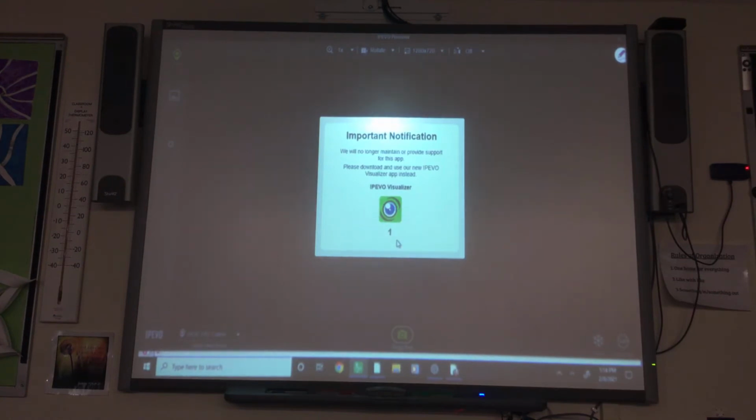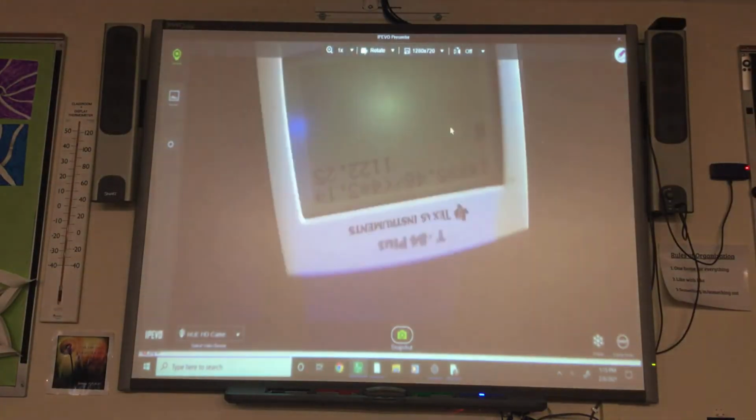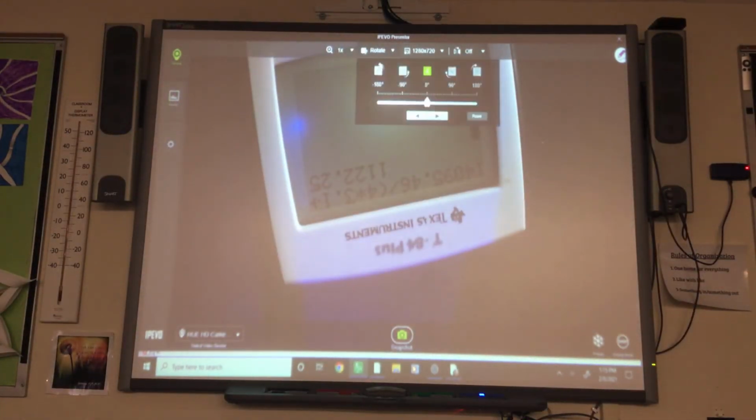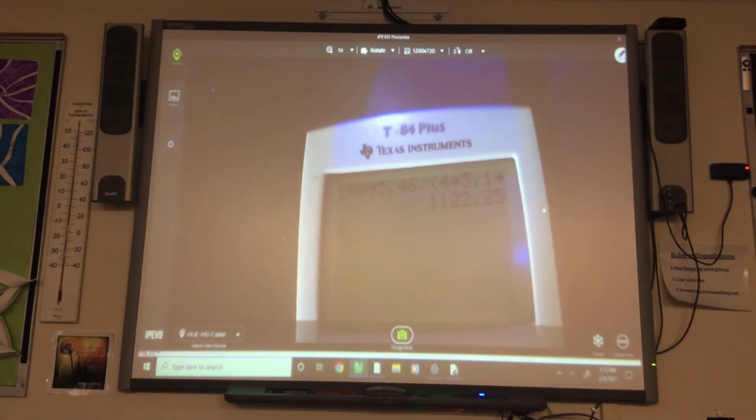Anyone get it yet? What do you get? 1,122.25. Yeah. What did you guys get? Okay, type it in again then. We have to understand how to do this on the calculator. My calculator does something weird, I'll show you after.